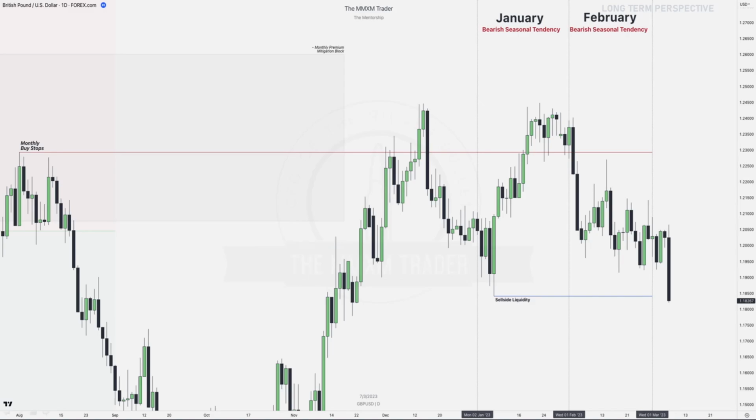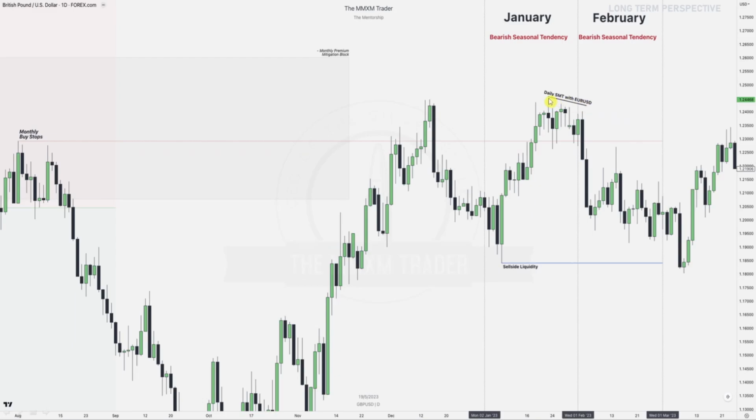Now, if you're unfamiliar with SMT, it is when, let's say, these highs are not getting raided, right? And on DXY, the lows are getting raided and then it continues to move up. This is considered SMT. So over here we've got daily SMT with the Euro USD.